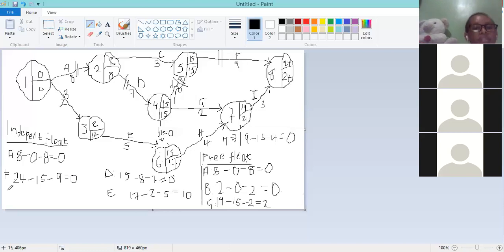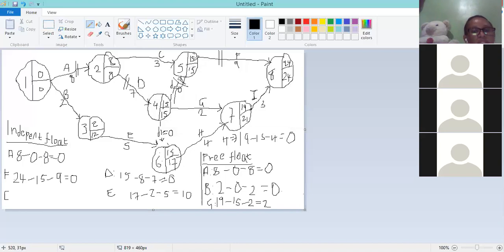How about an uncritical activity? Again, an uncritical activity may have an independent float of 0. It may turn out to be negative. If so, you assume a 0 value, and it can also turn out to be a positive value. A good example, let me pick activity C. We haven't used it in our illustration so far. And C being an uncritical activity, what is our expectation as far as the independent float is concerned? If we get a 0, well and good.